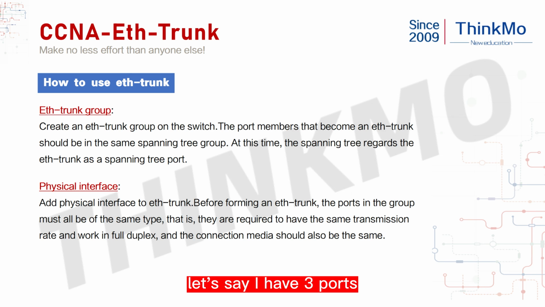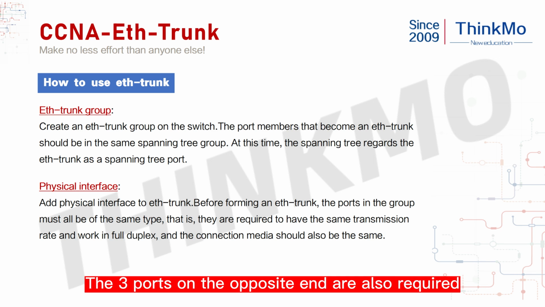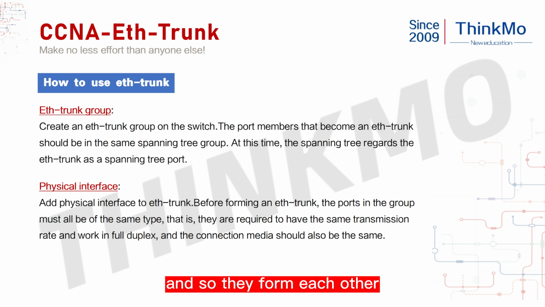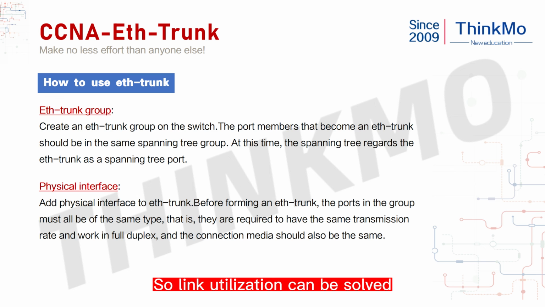Let's say I have three ports, I put them in a group, and the peer end has three ports. The three ports on the opposite end are also required to be added to the ETH trunk group. And so they form a logical line with each other. Then STP runs on the logical line, or on a logical port. So link utilization can be solved.